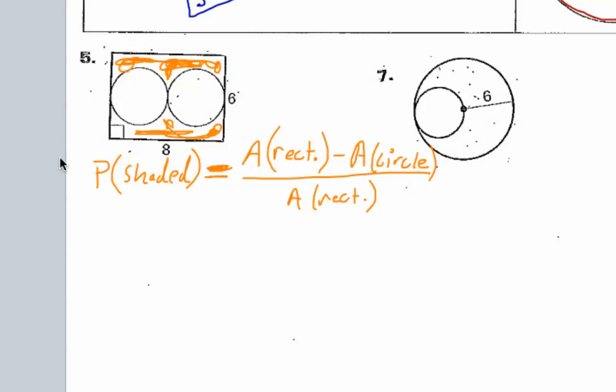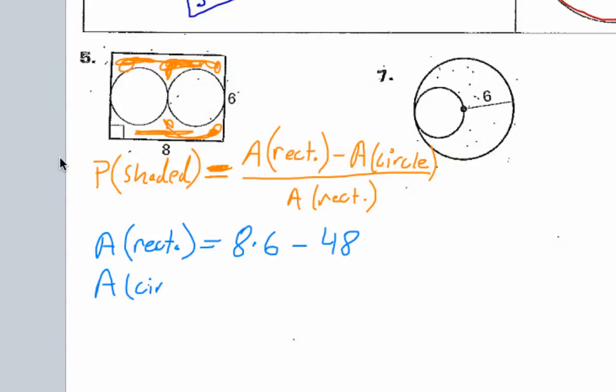What's first? The area of the rectangle. Well, the area of the rectangle is going to be 8 times 6, right? Which is 48. The area of the circle, well, what we really want is the area of both circles.